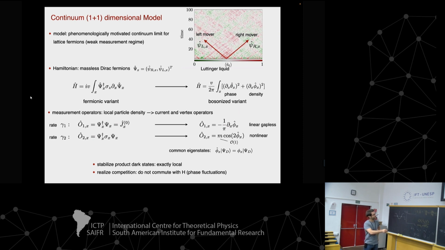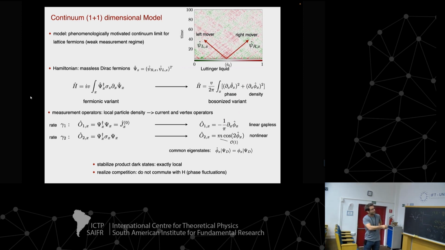One of these combinations becomes a linear and gapless bosonic operator. Gapless means it carries a derivative in front. And the other one, the sigma x sandwich connecting left and right movers, gives a nonlinear term in the bosonic formulation of this problem.